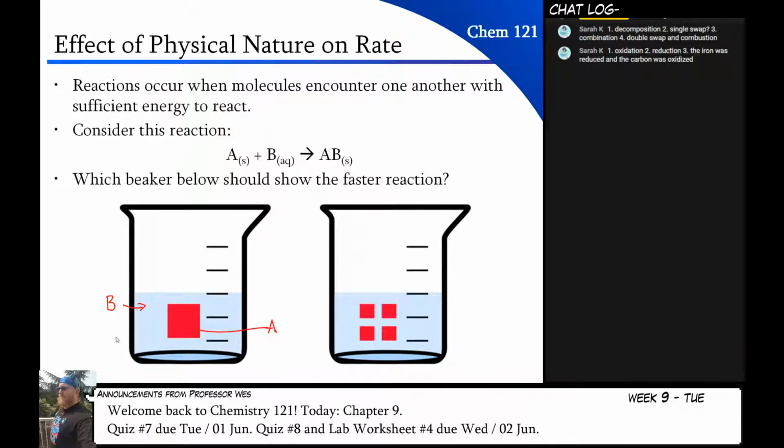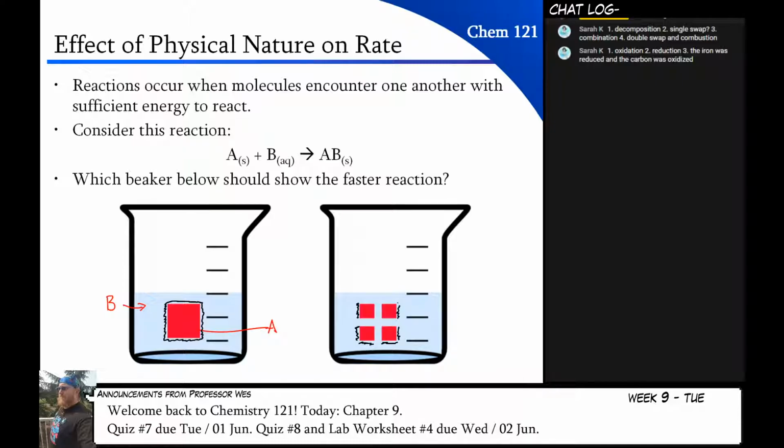Now, where can the reaction occur on A? It can only occur on the surface, right here. Now, if A is just a giant cube that I dropped in there, I get its surface area and that's it. But what if I ground A into smaller pieces? Well, I'd still have the edges that I drew in before.